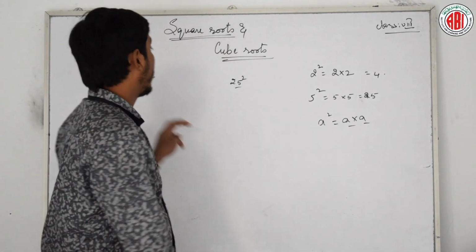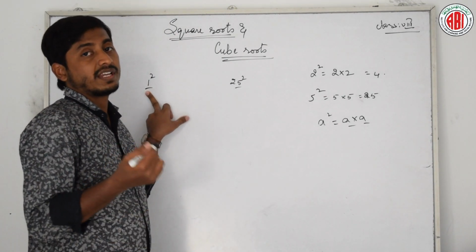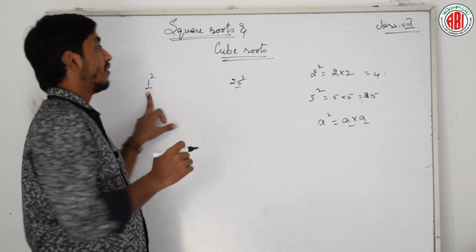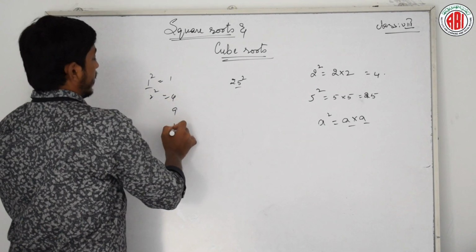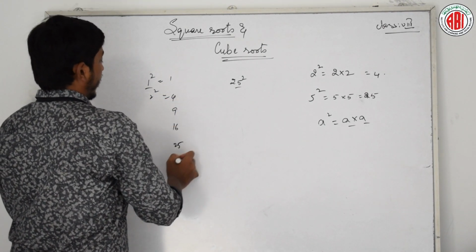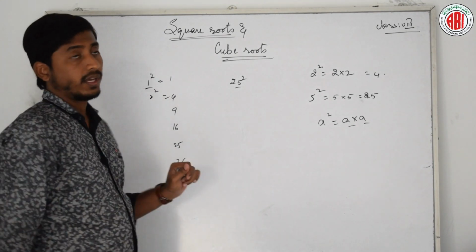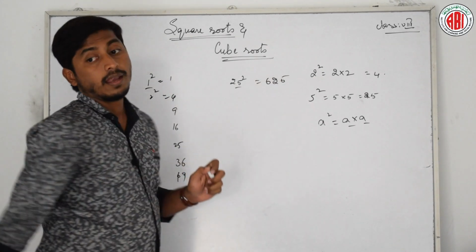That is, by looking at the number, we can tell to which number it belongs, which means whose square this number is. For example, 1 square is 1, 2 square is 4, then 9, 16, 25, 36, 49 and so on. Up to 625 you have to learn.